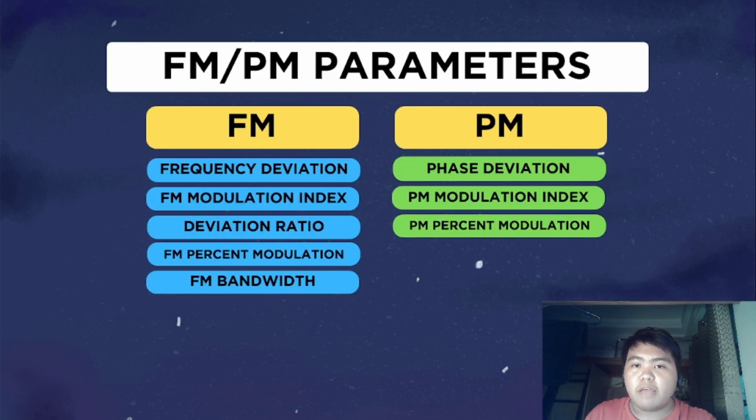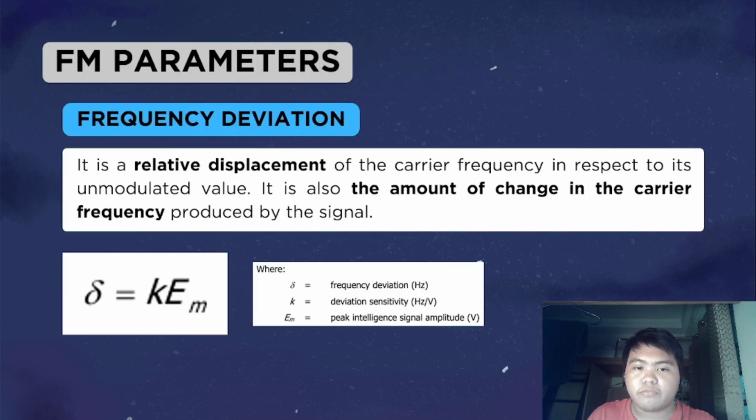So there are parameters that we need to consider for both types of angle modulation. For the FM parameters, there are 5, which are frequency deviation, FM modulation index, deviation ratio, FM percent modulation, and FM bandwidth. The first parameter that we need to consider is the frequency deviation. It is a relative displacement of the carrier frequency with respect to its unmodulated value.